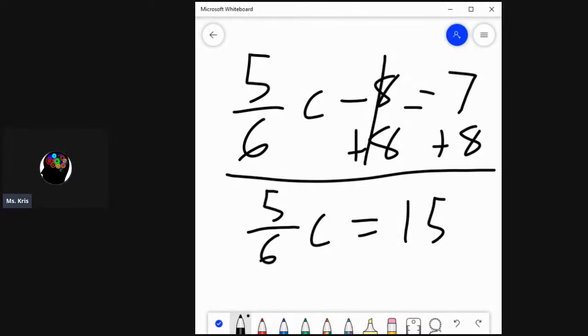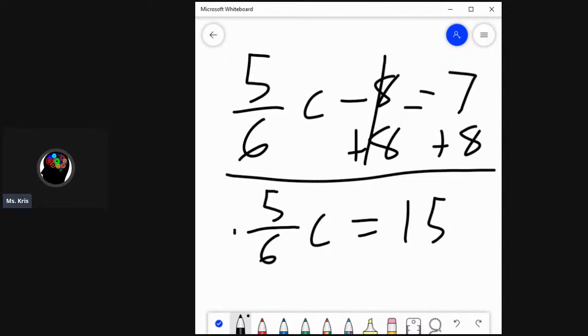So now, once you have gotten to this point, normally, if it was 1 as your numerator, I would tell you to multiply by 6 on both sides. But seeing as how we have a full fraction and the numerator is not 1, we must multiply by what they call the reciprocal or the flipped fraction.